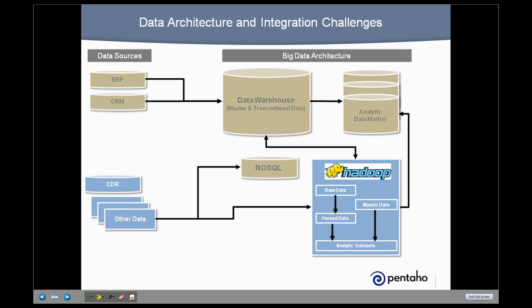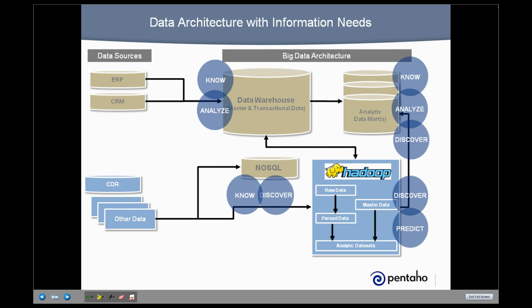Now, if we look at the impact and the information needs, where they sit in this architecture, and the kind of tools that you most likely will need on top of these, this is the picture we've been seeing. The traditional data warehouse is where you define your very well-defined metrics and structures.